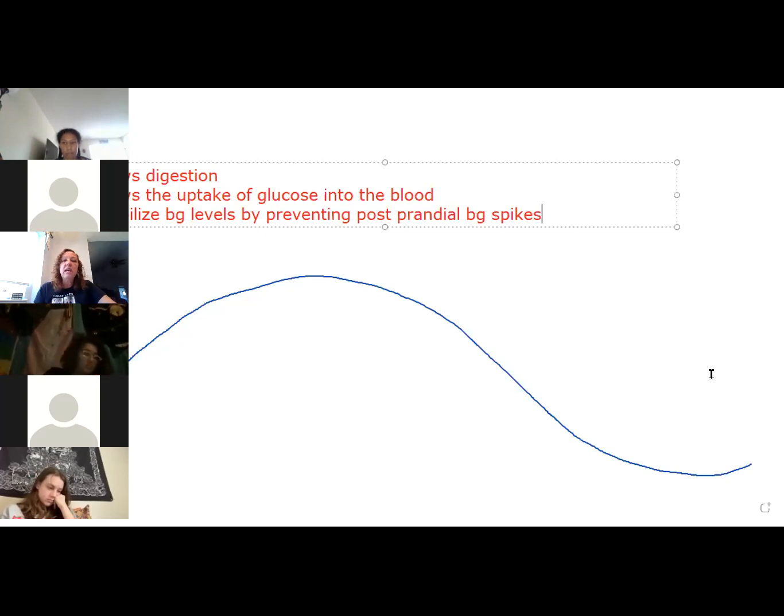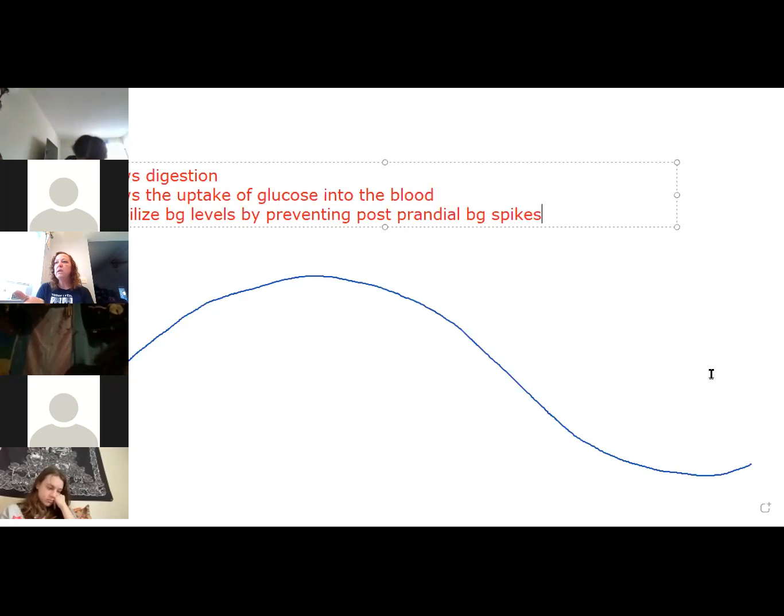It slows the uptake of glucose into the blood, and it stabilizes the levels by preventing those postprandial, meaning after eating, blood glucose spikes. 1, 2, 3. You'd say a version of these three things, and you will get full points on the short answer question, if there is one.